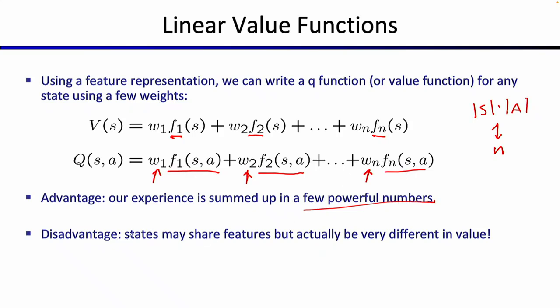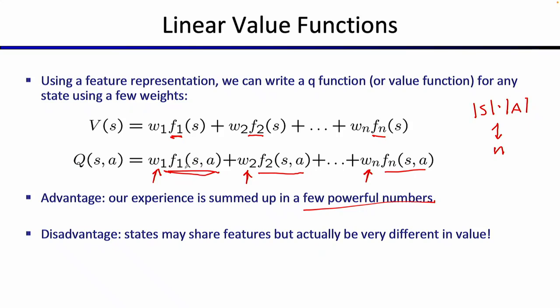The challenge is that you might have state aliasing, where if we express these Q values as this linear combination, for different states you might actually get the same Q value. Or if we choose our features poorly, we might not be able to represent all the Q values.